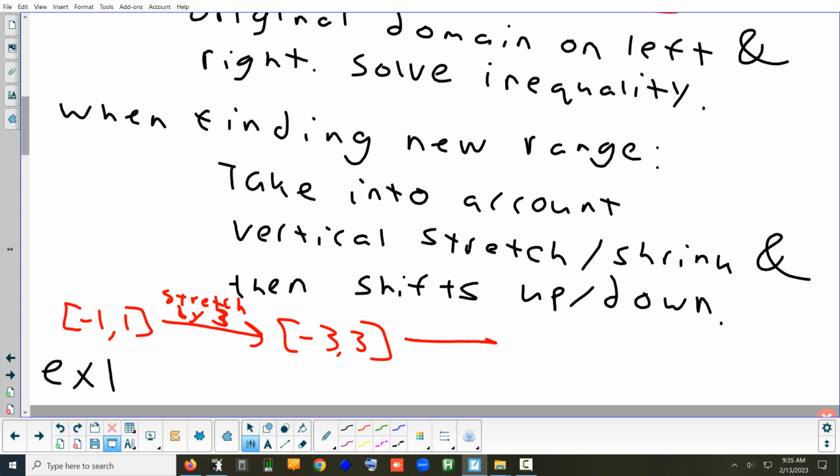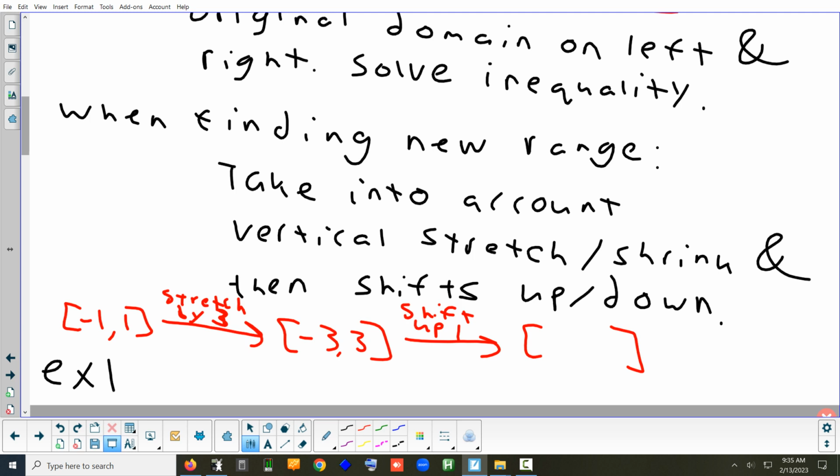Now, let's say you took that and you shift up 1. This is why it's important you know what each number does. So you'd have to say, okay, now I have a shift up 1. Can anyone tell me if you took -3 to 3 and shifted that up 1, what would be your new low value and high value if they each go up 1?